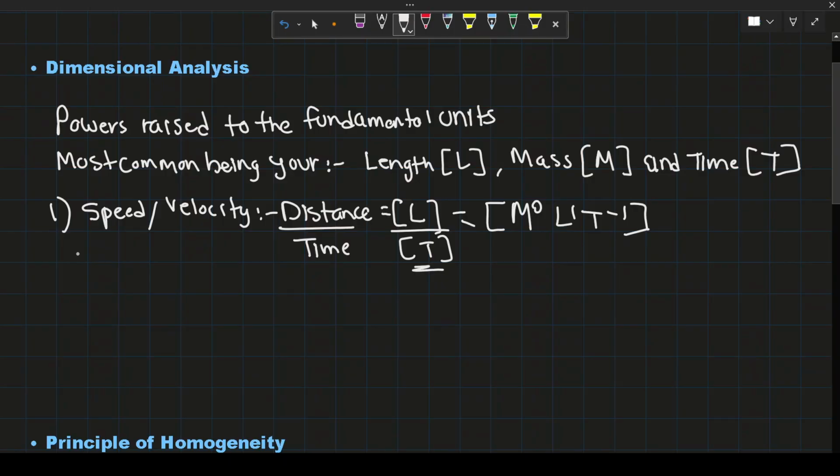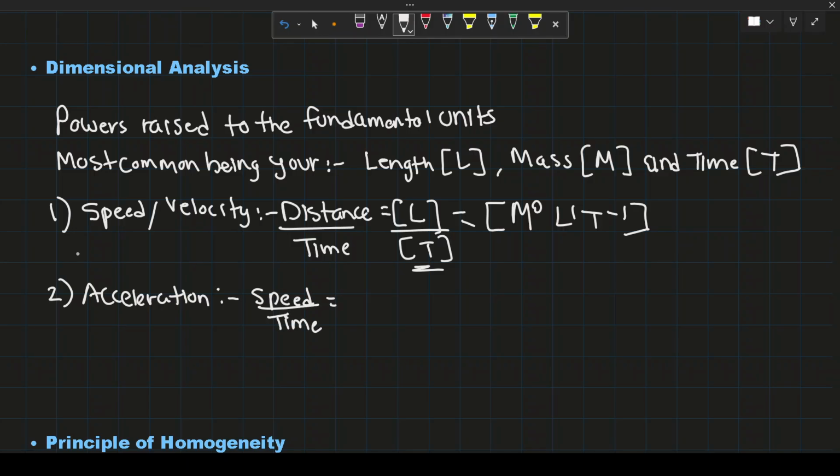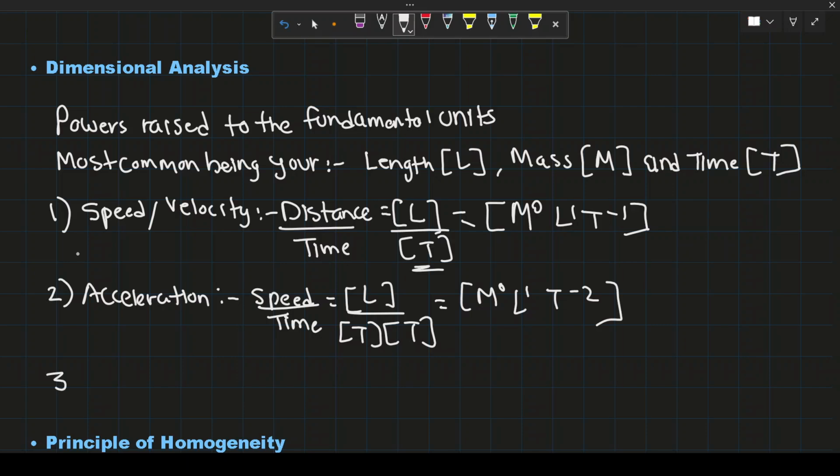Now let's say we take acceleration. So acceleration, we all know, is speed or velocity upon time. So L upon T, another term of T, so M0 L1 T minus 2.